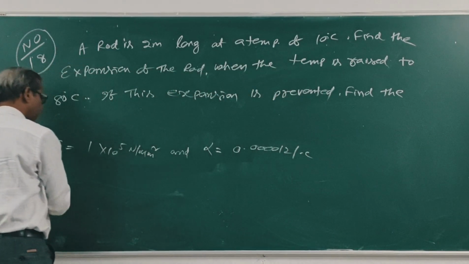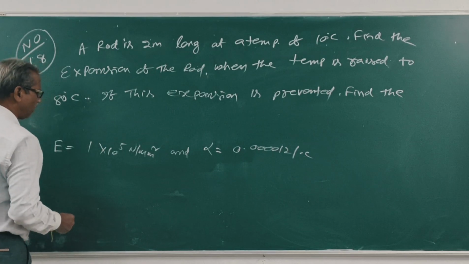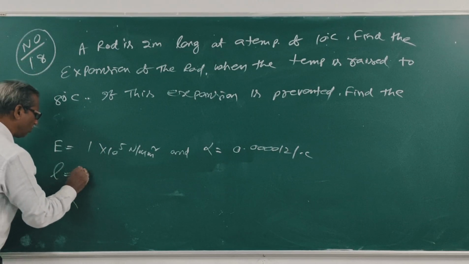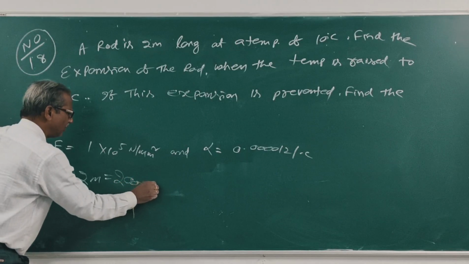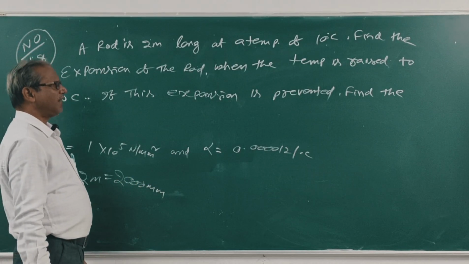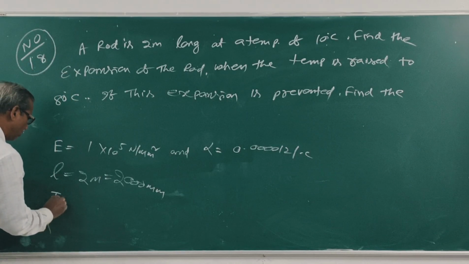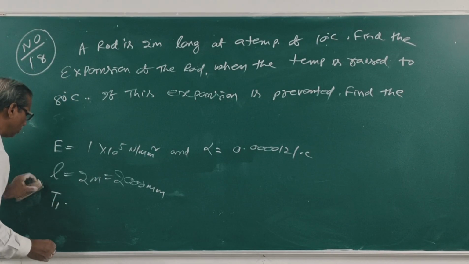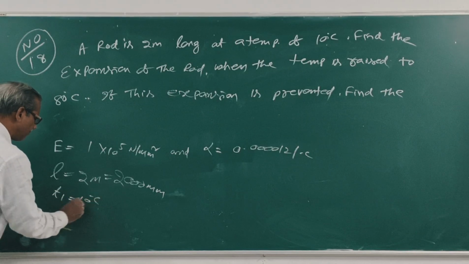Now a rod is 2 meter long. What is L equal to? 2 meter, 2000 mm. Clear? At 10 degree centigrade, T1 is equal to 10 degree centigrade.